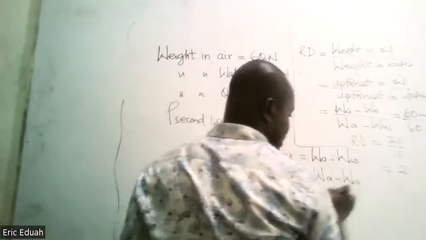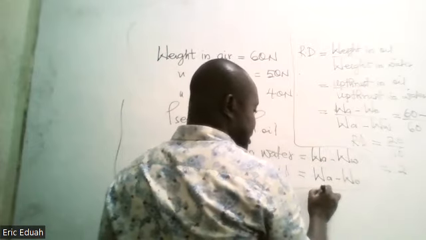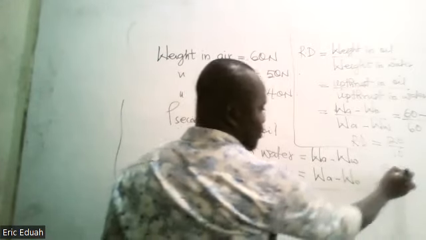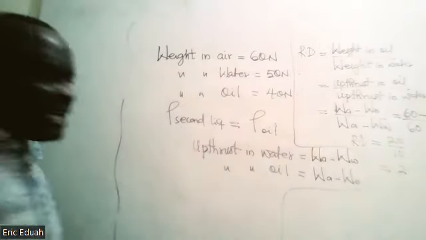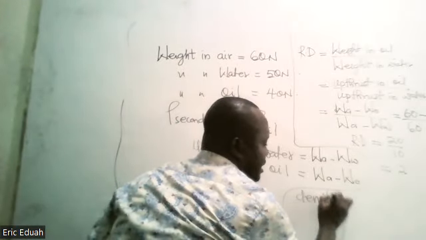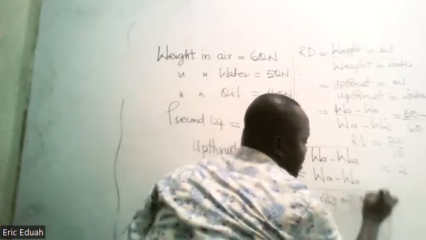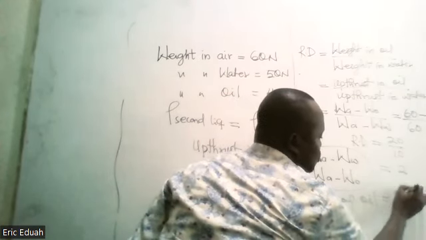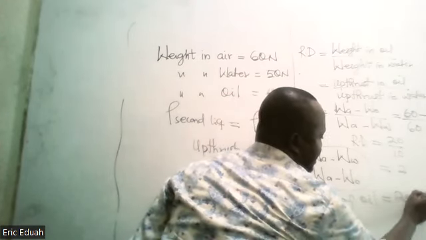Okay, this also implies that the density, once we have the relative density, it means the density of the oil is equal to 2 grams per cm cube.